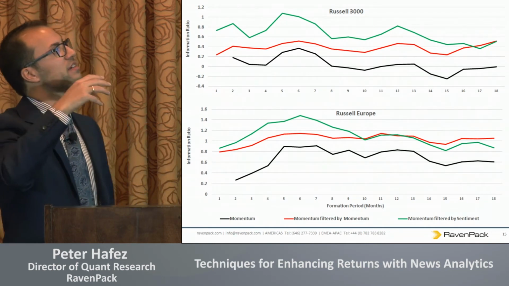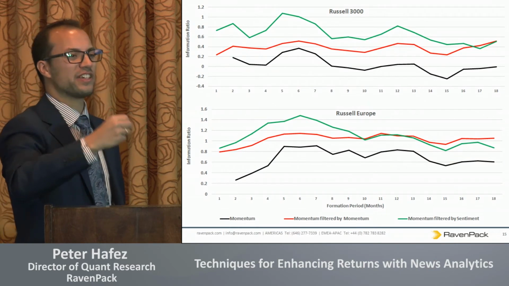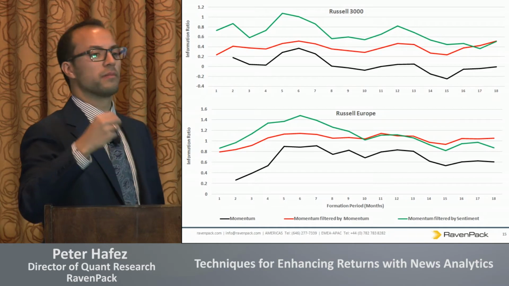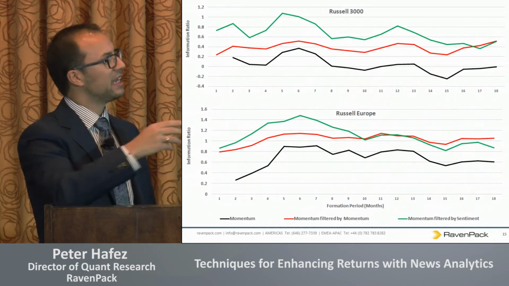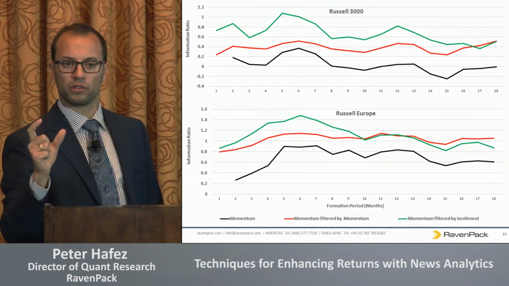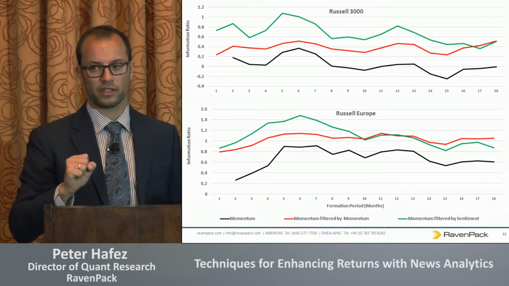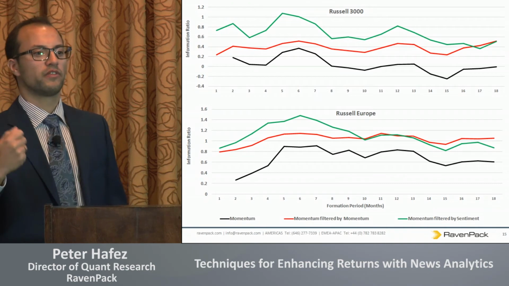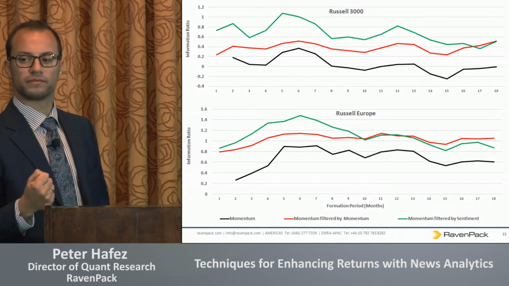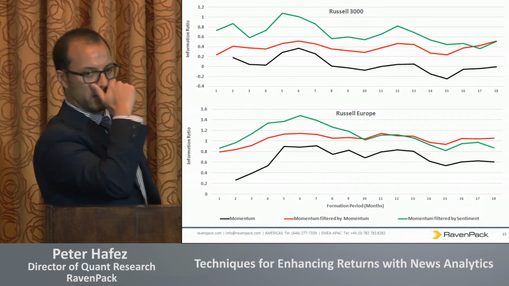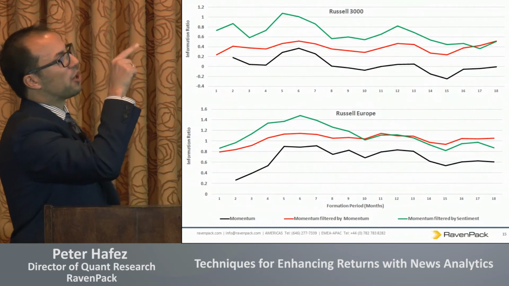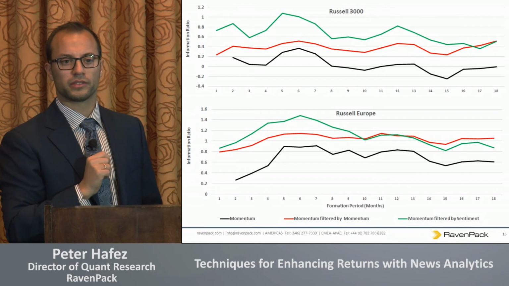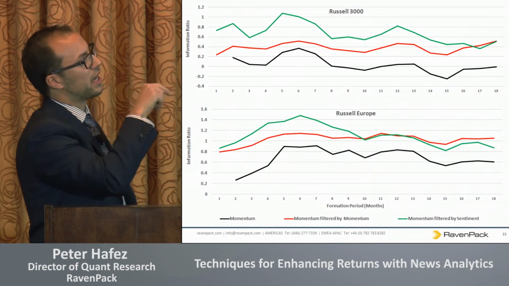So we take the highest information ratio that you would have achieved with a momentum filtered momentum for any formation period of the momentum signal itself. We are actually favoring the momentum filtered momentum quite heavily here. And still in the US, we're able to outperform with the sentiment-based filter, both in the US and in Europe.